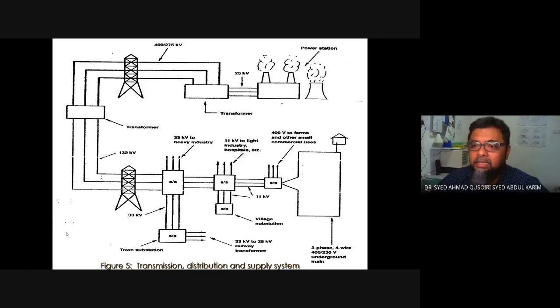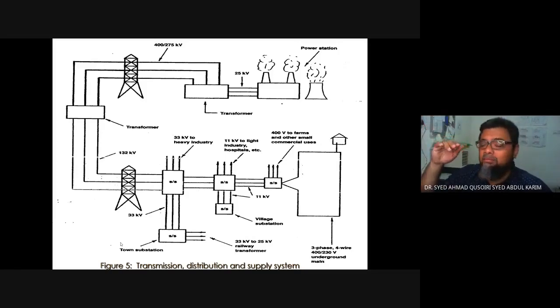boleh diturunkan lagi untuk pengguna-pengguna yang memerlukan 25 kilovolt, such as kereta api elektrik. Kereta api elektrik dia menggunakan tenaga elektrik yang agak tinggi lah. Kadang-kadang kita naik this ETS kan, dia sampai satu kawasan tu dia macam slow down, and then tahu-tahu dia padam. Dia padam, gegak-gegak, dia on balik.